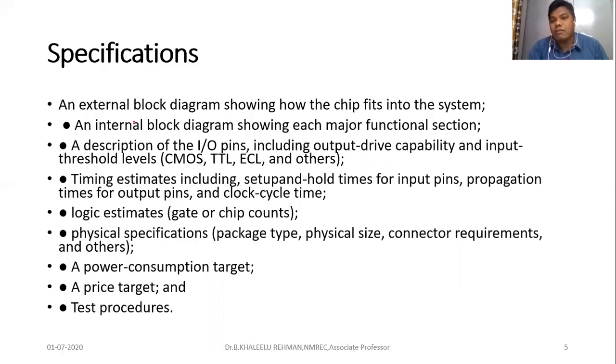One for addition, one for subtraction, one for multiplication, one for division, one for shift left, one for shift right, one for rotate left, one for logical AND, one for logical NOT. All these are the outputs. A and B, only two, are the inputs. For example, this is the external block diagram. A is my input, B is my input. These are all my outputs.